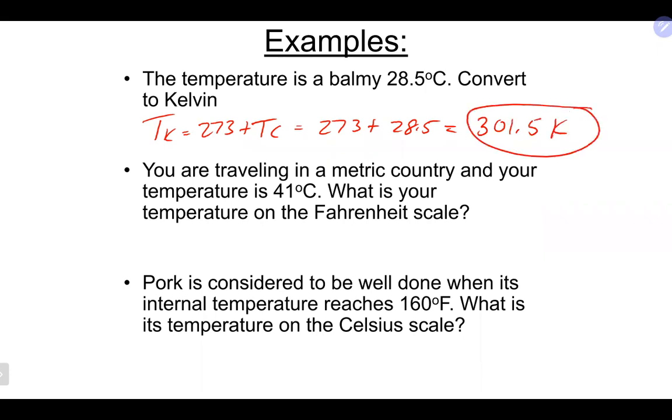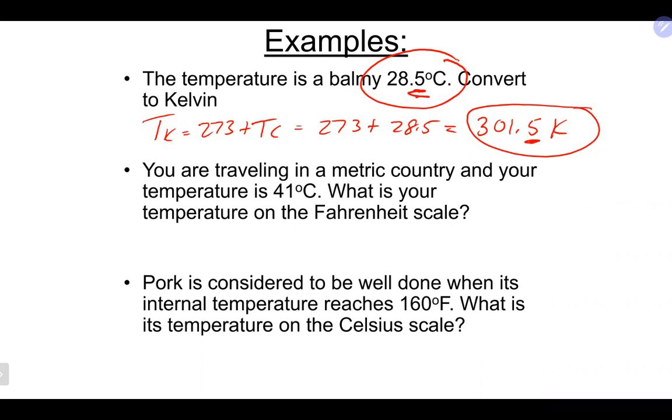A reminder: we do not use the degree sign there, so it's just Kelvin. Our original value went to 1 decimal place, so when we did the conversion, we keep it to 1 decimal place, making the answer look like the original value. Any questions on that one?